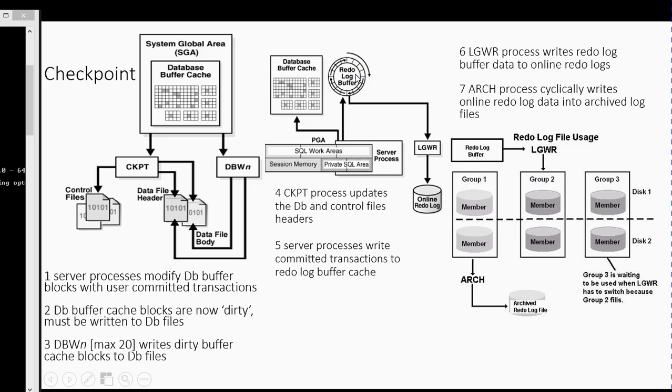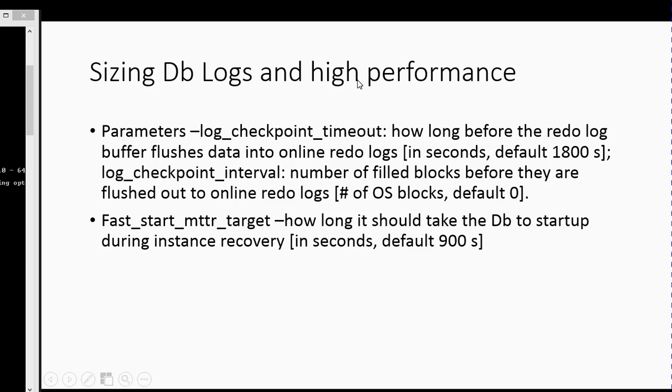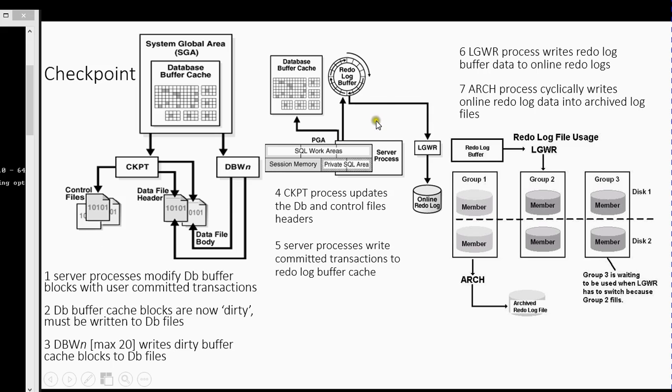As I've told you from the previous slide, you have these two parameters: log checkpoint timeout and log checkpoint interval. You can tell the redo log buffer how long before it flushes out the information, or how many blocks it should allow to be filled before sending information over to the online redo logs.